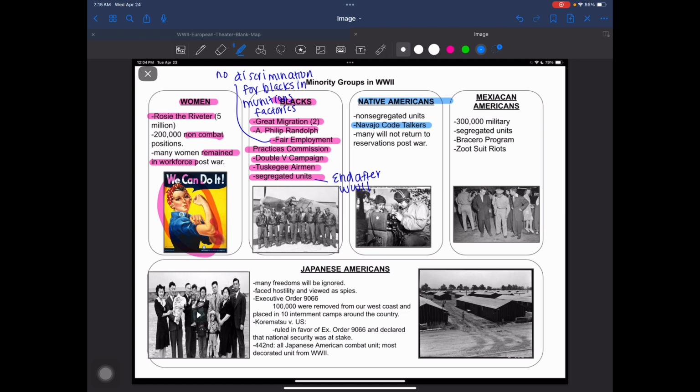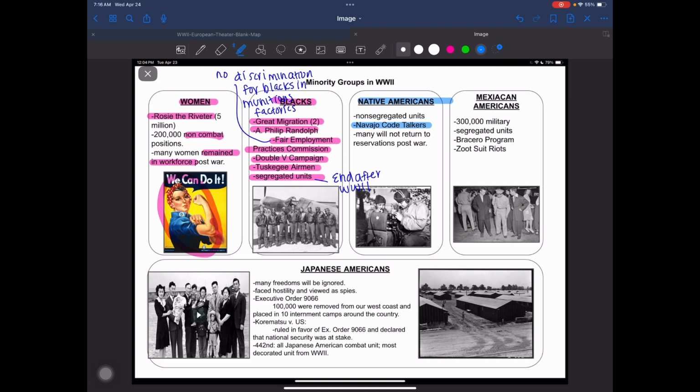And all of a sudden the Japanese, while they're listening in, start hearing these Navajo code talkers, and they don't know what's going on. They cannot break the code. So to be honest with you, these code talkers play a huge role in our success in the Pacific, simply because of the language that they speak.